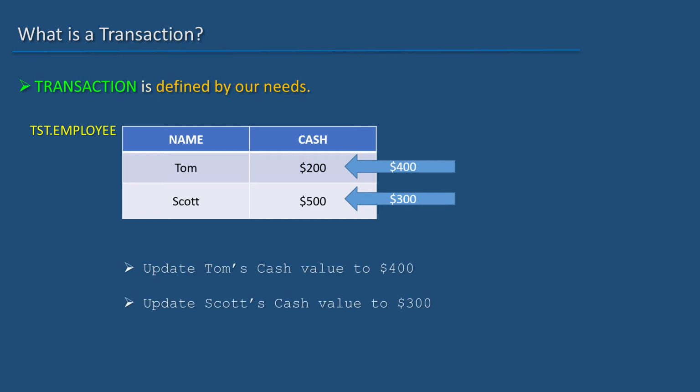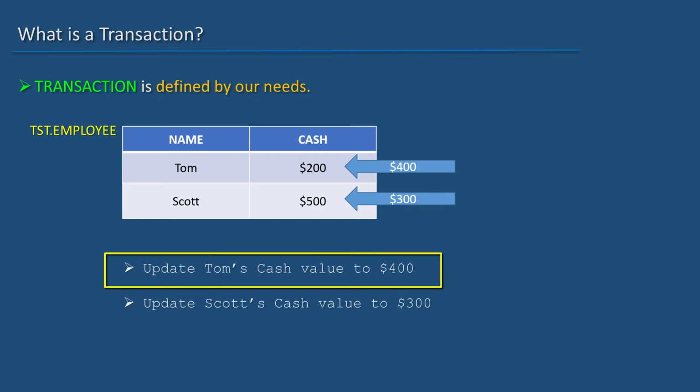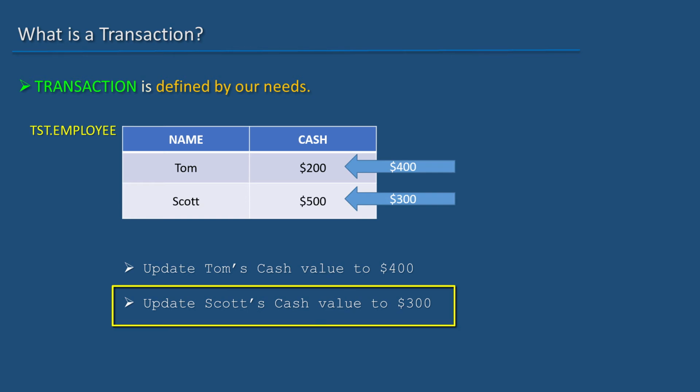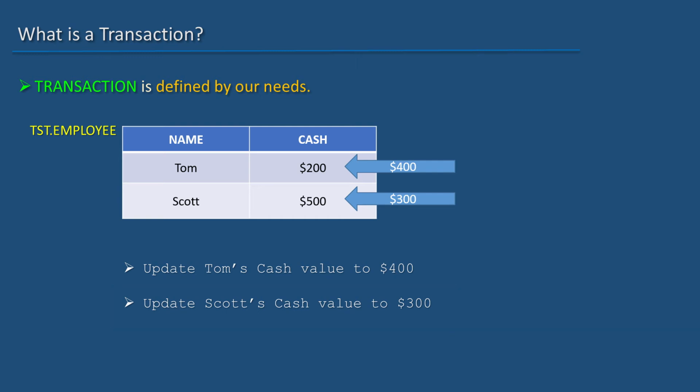First, I need to update Tom's cash to 400 as he has received 200 from Scott's cash. Then I need to update Scott's cash to 300 as $200 were taken back from him.